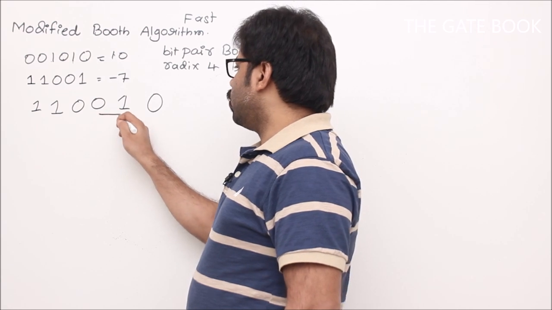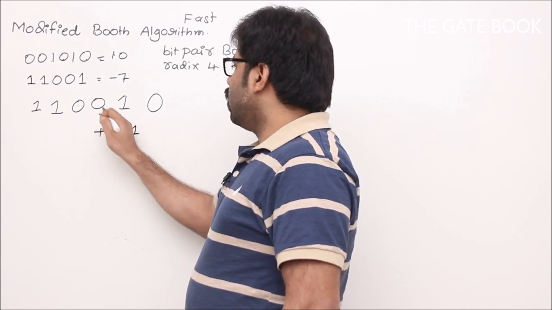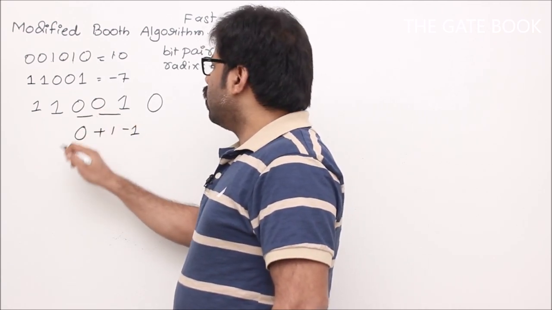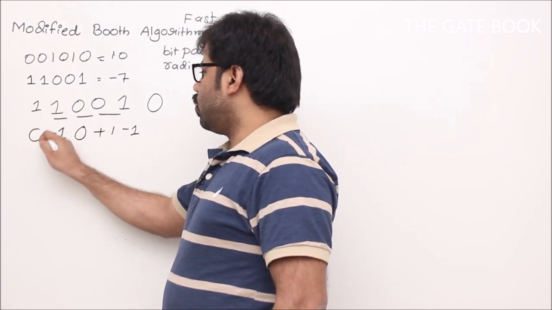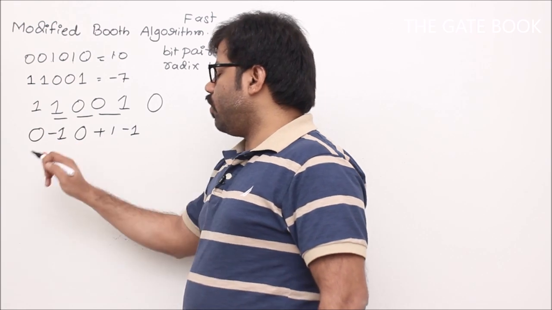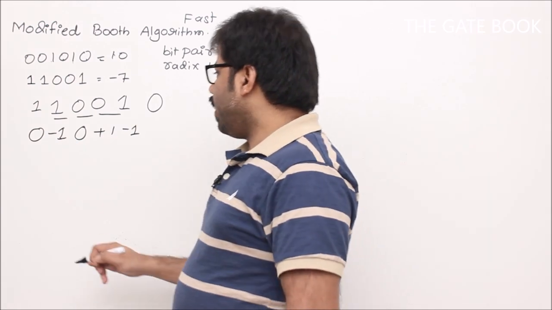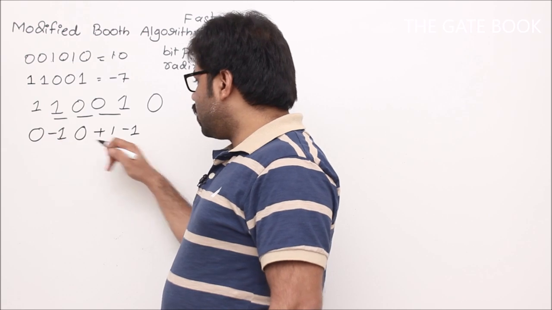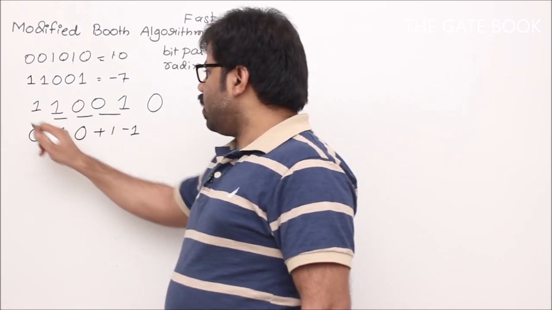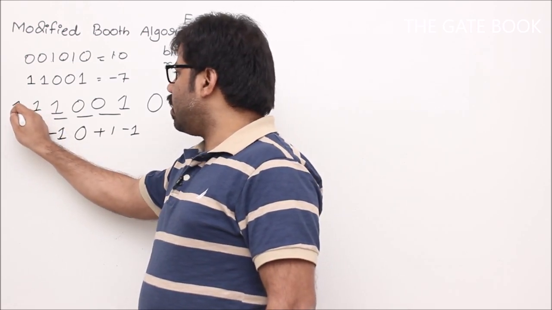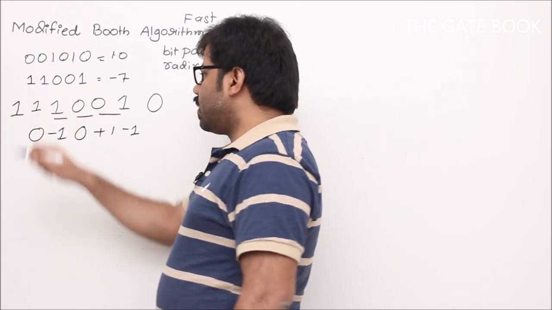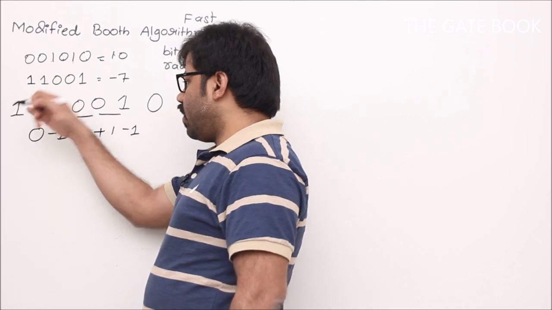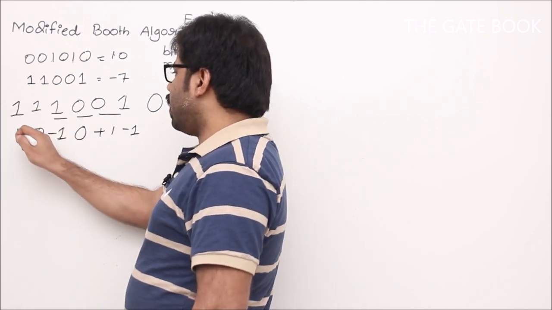Next, these two: 1 0 plus 1 0 0 0 0 1 minus 1 1 1 0 1. 1, 2, 3, 4, 5. We got 5 bits. You know one thing, right? Whenever we get an odd number of bits, then we can't pair them. That's why we add one imaginary bit here, just for convenience. According to sign extension, when I add one more 1, there will not be any change. That doesn't matter. That's fine.